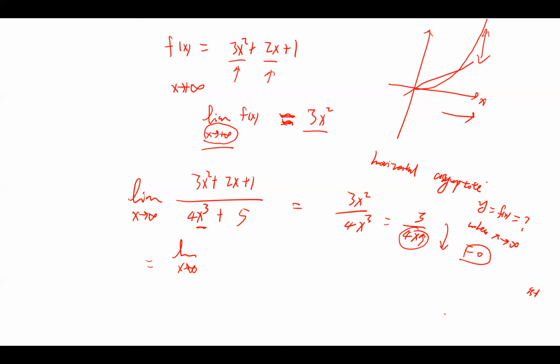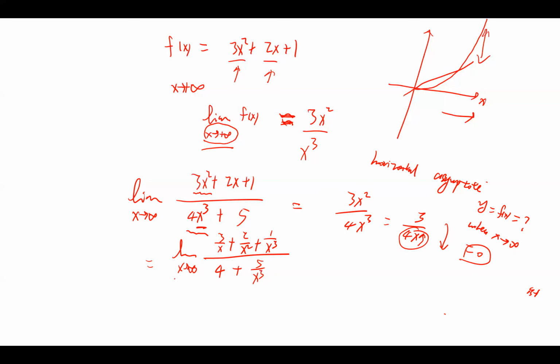We look at the leading term from both sides. This is x squared, this is x cubed, so x cubed is my biggest power. Then we just divide x cubed from both the bottom and the top. So we have 3 over x plus 2 over x squared plus 1 over x cubed, and at the bottom we have 4 plus 5 over x cubed.